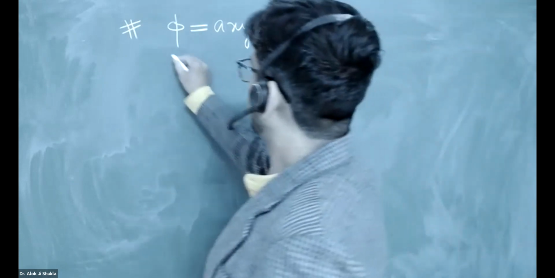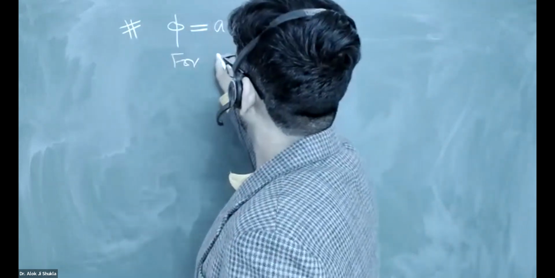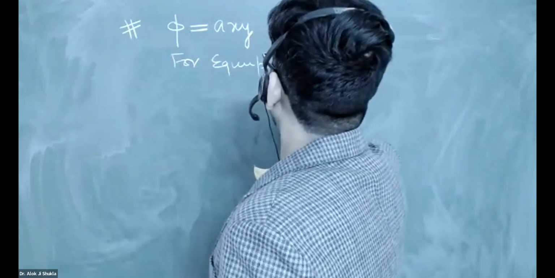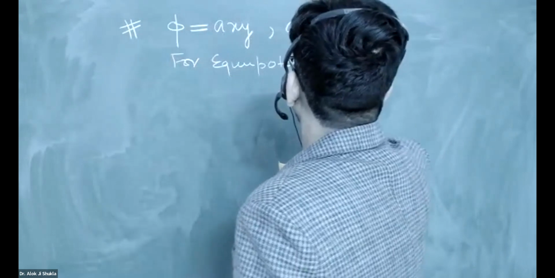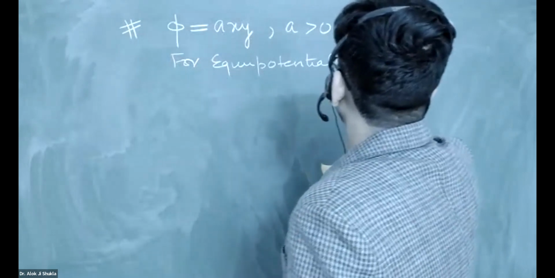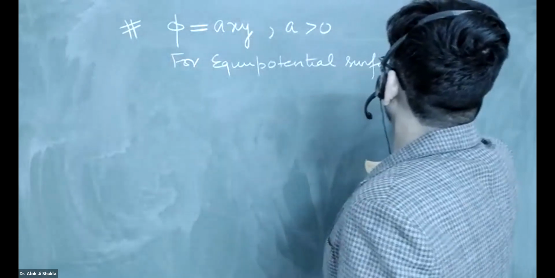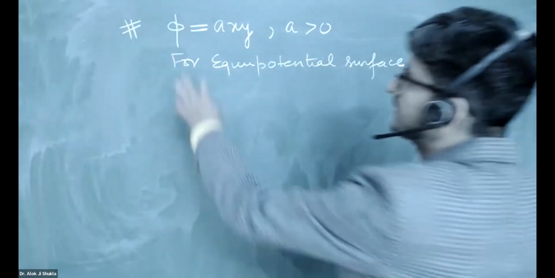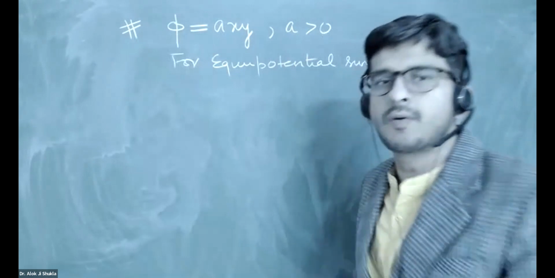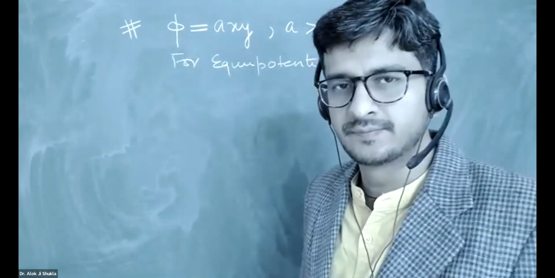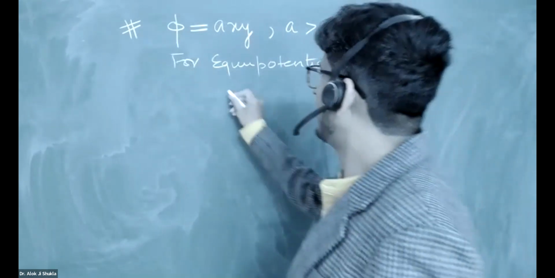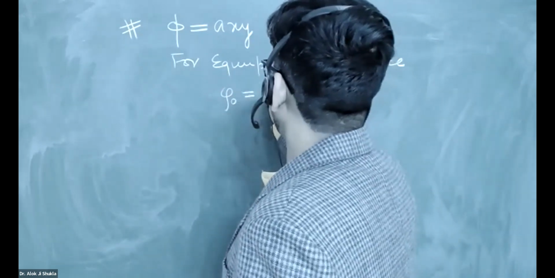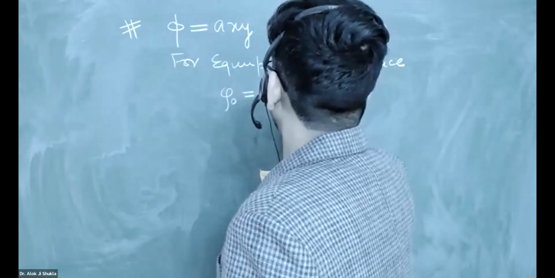For the equipotential surface, we will have to take some fixed value of the potential. Equipotential means same potential. So let us take it phi naught, potential is equal to AXY.